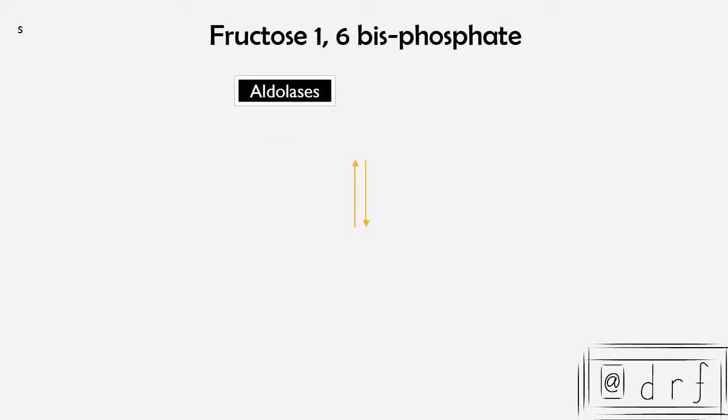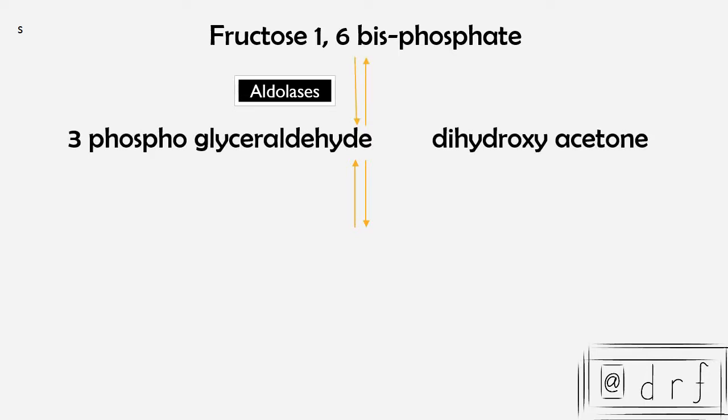Fructose 1,6-bisphosphate in the presence of the enzyme aldolase is converted into 3-phosphoglyceraldehyde and dihydroxyacetone. Here, by the enzyme aldolase, fructose, that is a 6 carbon molecule, is broken down in 2.